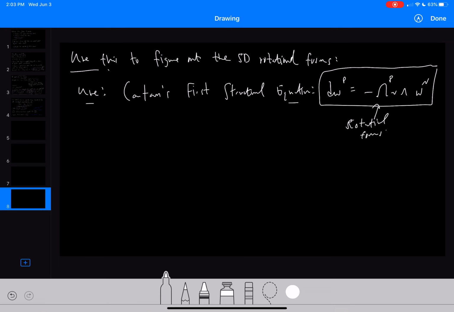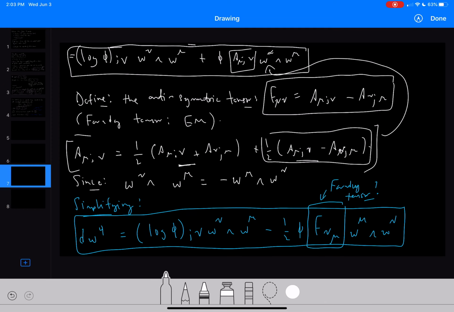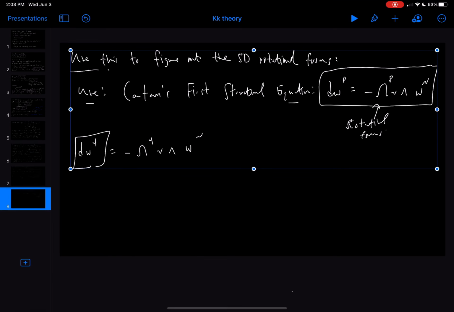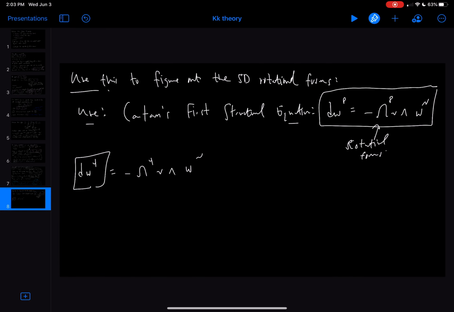Okay, and we can just match. So do some equation matching to see what the structural forms are, or what the curvature rotational forms are. So I can use this equation, and I can write dW^4 is equal to minus omega^4_nu wedged with W^nu. But I already have an equation for dW^4 from my previous slide. So I just match the two sides and see what I get.